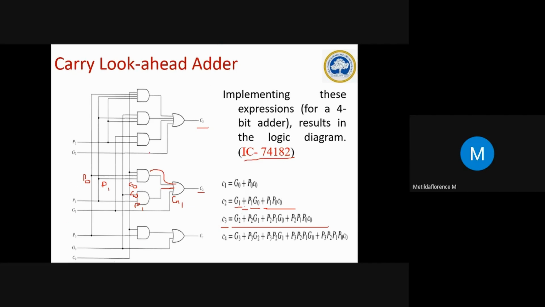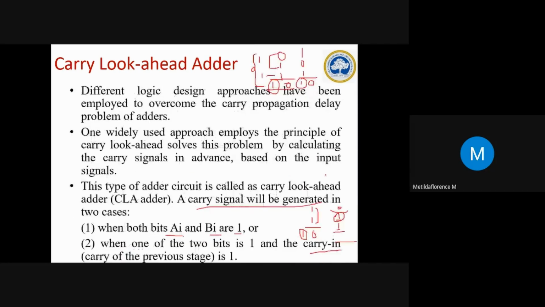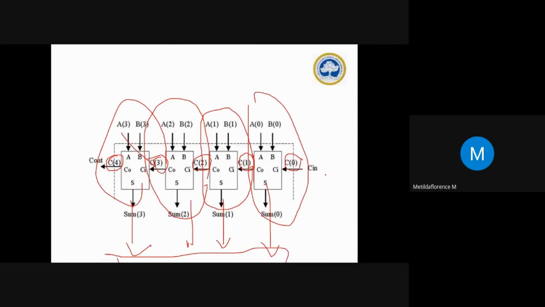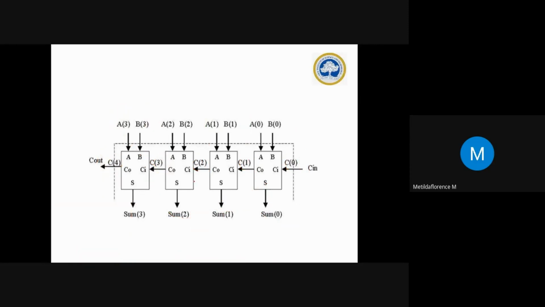See here, I am not bothering about C4. Why am I not bothering about C4? This is a 4-bit adder. For a 4-bit adder, what are the carries we need to concentrate on?